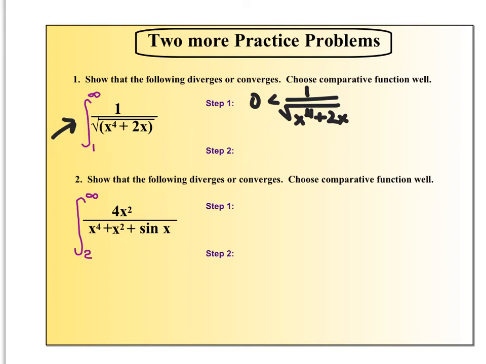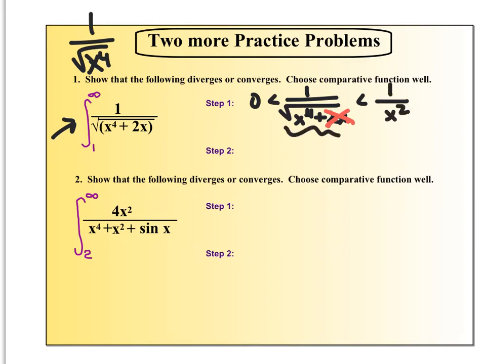So the best way to do this is if you have a rational function like this one, get rid of anything that isn't your highest power of that polynomial. What would 1 over the square root of x to the fourth reduce to? Well, it would reduce to 1 over x squared.